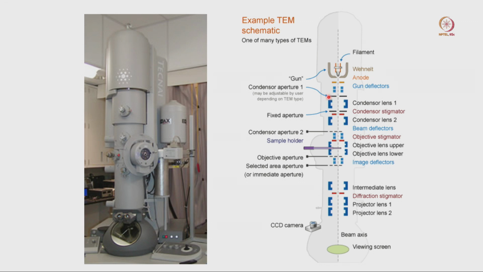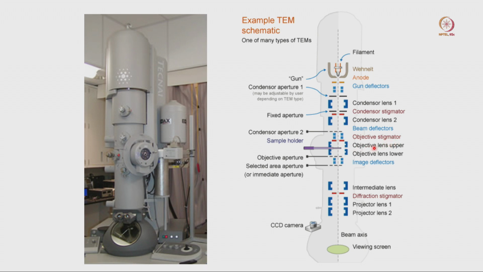After the gun deflector we have the condenser aperture and condenser lens system. You can see there are two condenser lenses, condenser lens 1 and condenser lens 2, and for a 300 kV microscope we have one extra condenser lens, called condenser lens 3. Then again there is a beam deflector, then the objective astigmator, then the objective lens.